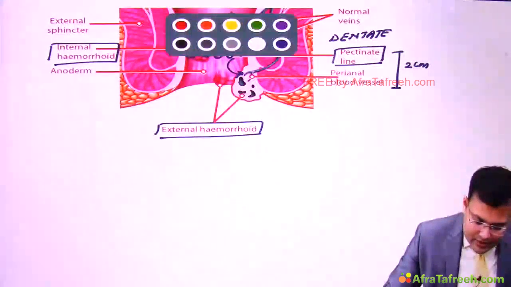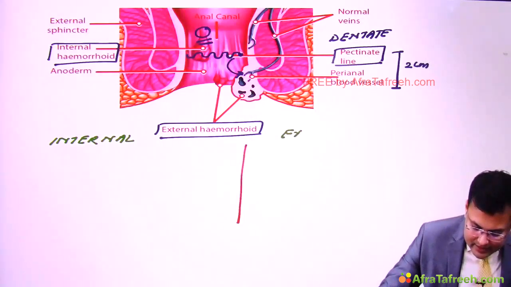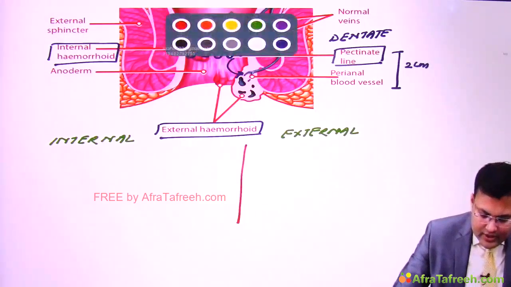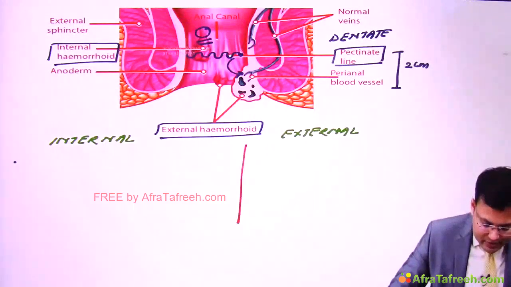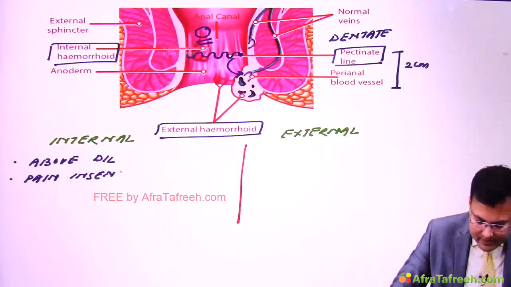So here you can notice the differences between internal and external hemorrhoid. Clear? So internal hemorrhoid, what's the location? It is located above dentate line, in the pain insensitive region.